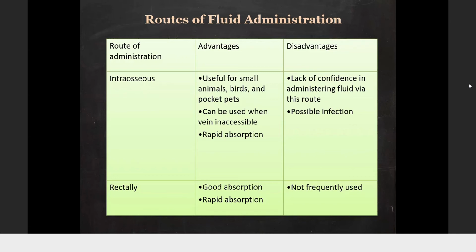Next semester when you learn surgery, there's one procedure called intramedullary pinning, where you have a fracture on the femur and you want to put a wire or a rod. The access is on the area near the femoral head. It's the same thing for intraosseous. There's the area on the femoral head when you need to administer the fluids.